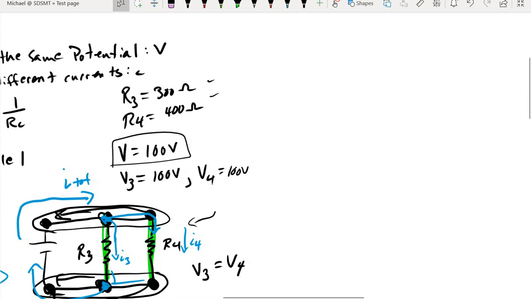Okay, time to put all this together. So the equivalent resistance of this circuit should be 1 over R3, which was 300, plus 1 over R4, which was 400. Back to the calculator. 1 over 300 plus 1 over 400.